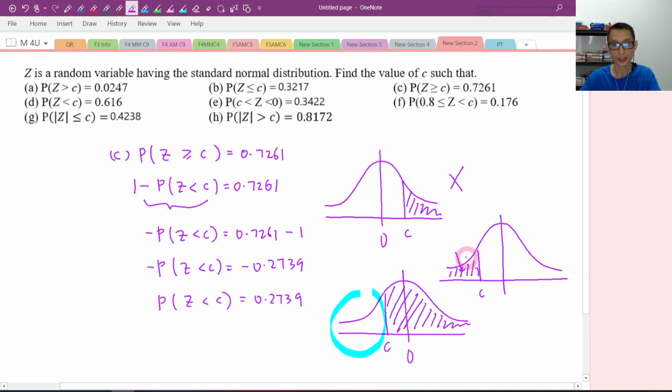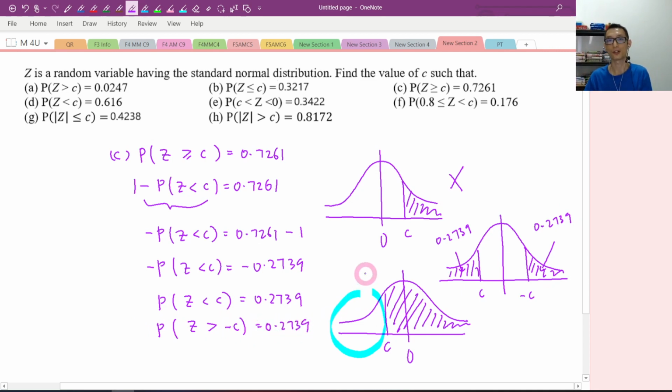So we know this is 0.2739, right? As when I want you to make it greater than, I'm going to reflect it to the other side. As I told you before, add a negative for it. So here will be the same, 0.2739. So what I'm going to do here is change it to greater than negative c. Now you have a negative here.